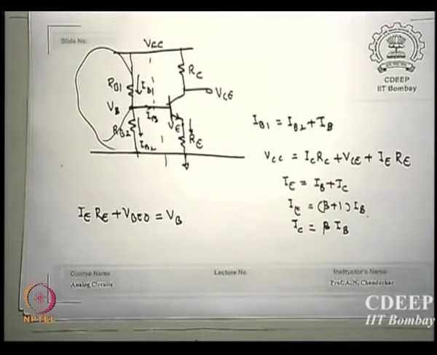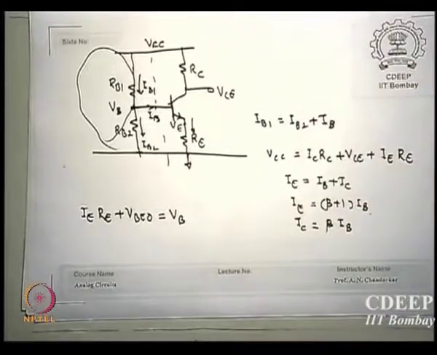How much IC do you expect? The highest IC is VCC by RC. So let us say RC is 1 kilo ohm. So 5 by 1 kilo ohm is how much current that can flow? 5 milliamps. So the maximum current IC may flow for a 5 volt supply with RC of 1K is 5 milliamps. That divided by 100, how much will it be?